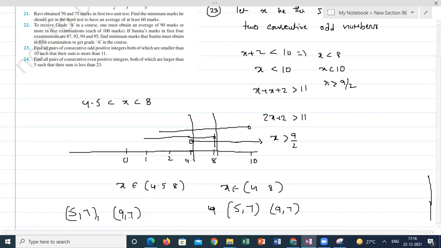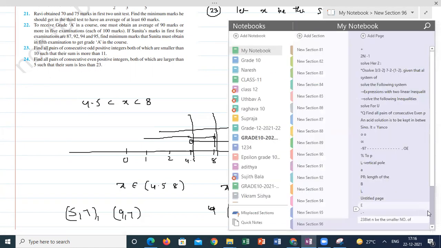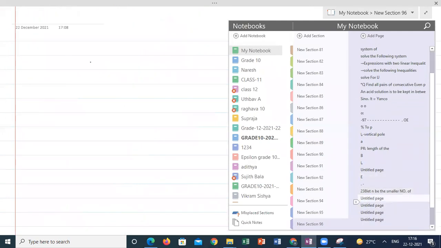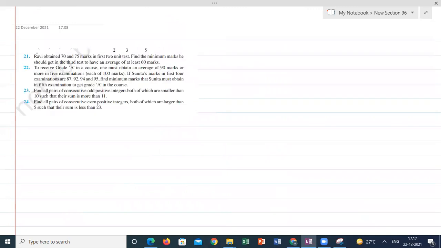Please try to solve the 24th one on your own and let me know the answer. I'll give four minutes. Please try to solve the 24th question.